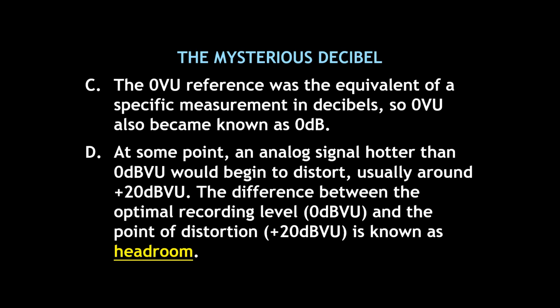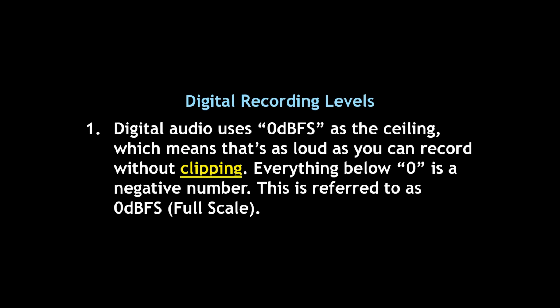So we're talking now about once we get into the overmodulation and what's more of a danger zone. Digital audio uses 0 dBFS as the ceiling. So there's a distinction here.